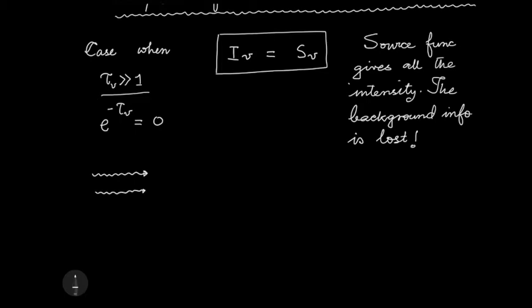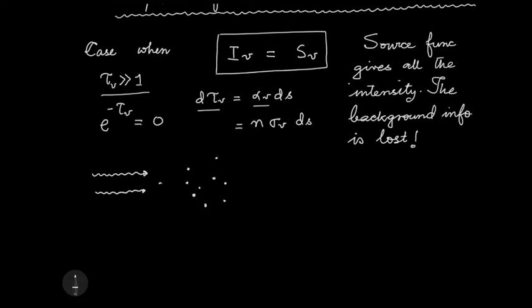So what is happening in this particular case? Imagine that these photons are coming from the background source, and here I have the observer. Now tau, or d tau, if you remember, is given by alpha nu ds, and alpha nu is nothing but n sigma nu.